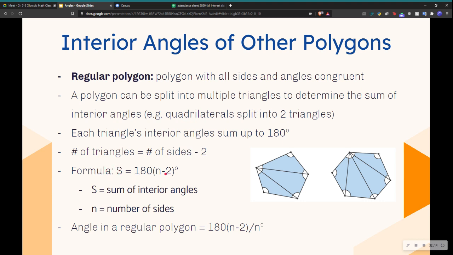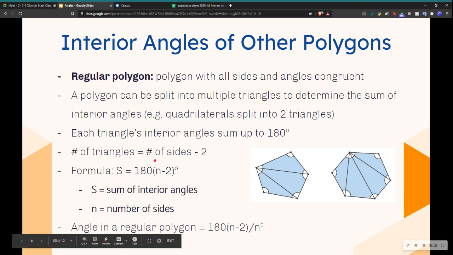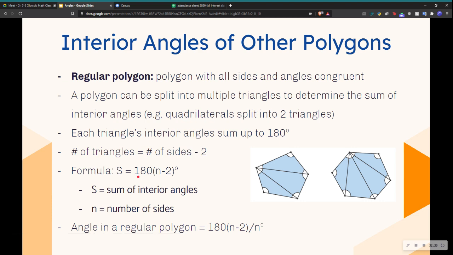This is a formula for the sum of all of the interior angles of a polygon, and it doesn't have to be regular. You can have irregular sides, and it'll still be the same formula for the sum of the interior angles.